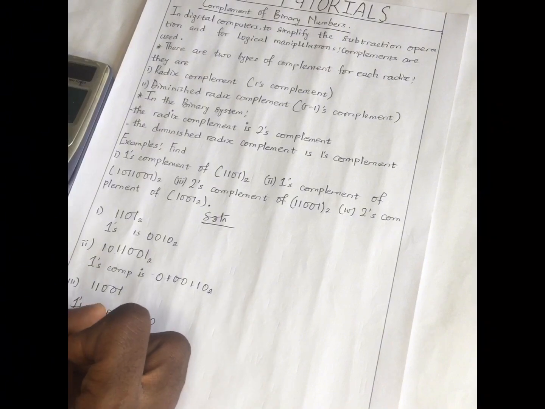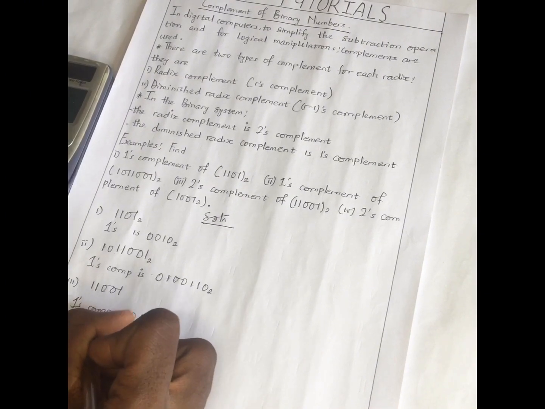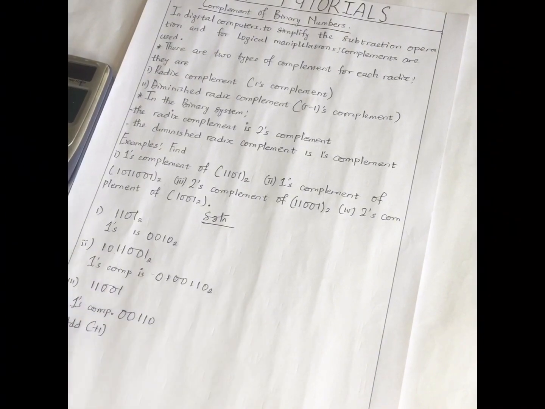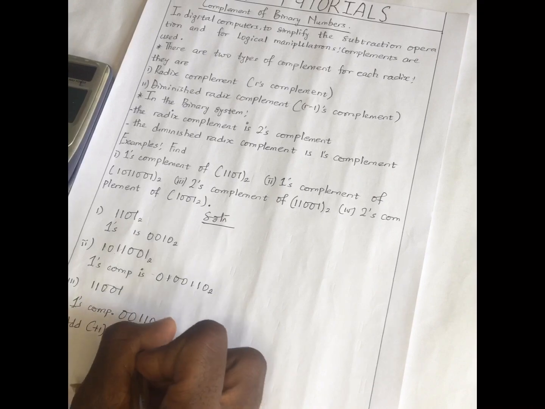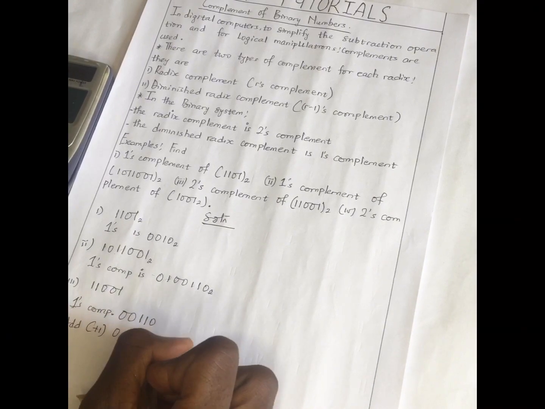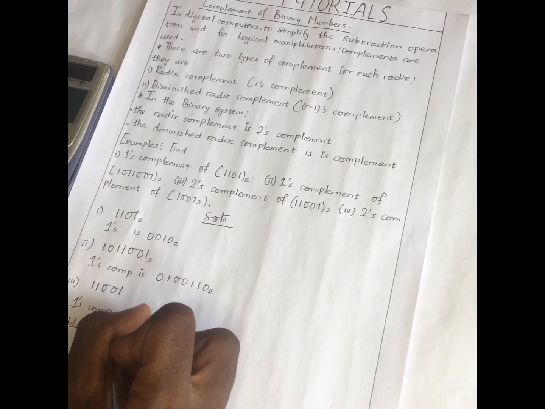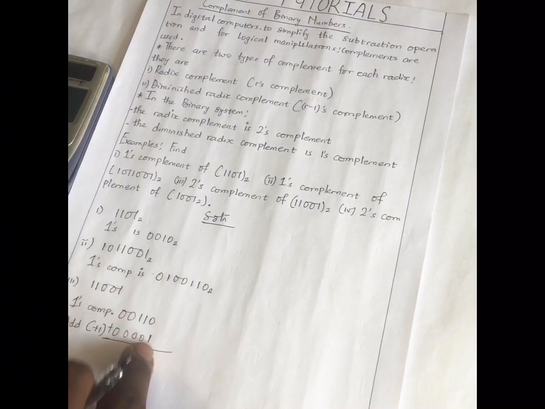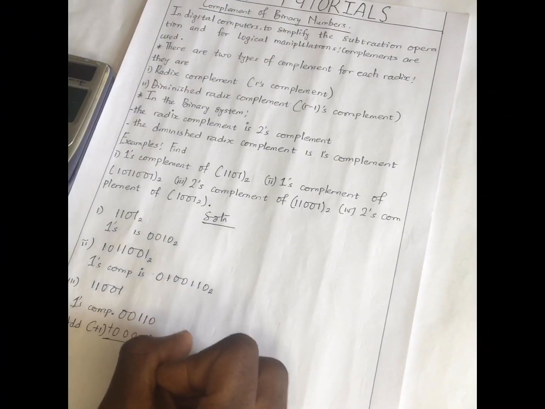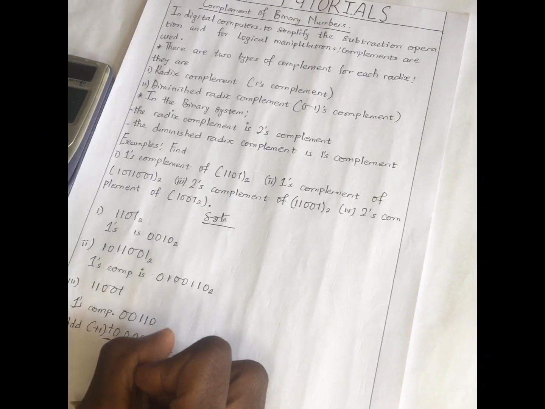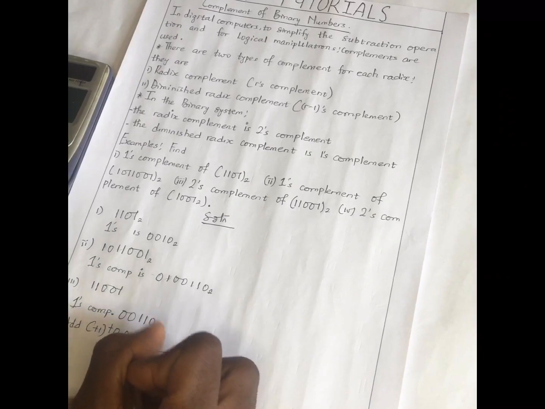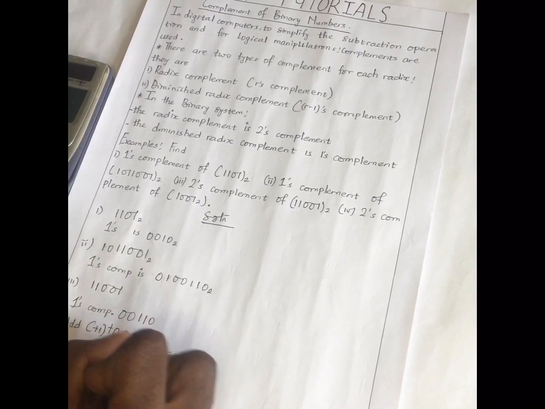Since this is a 5-bit binary number, to make it look nice, we can have 00001, and then perform our addition. 0 plus 1 gives us 1, 1 plus 0 is 1, 1 plus 0 is 1, 0 plus 0 is 0, 0 plus 0 is 0.